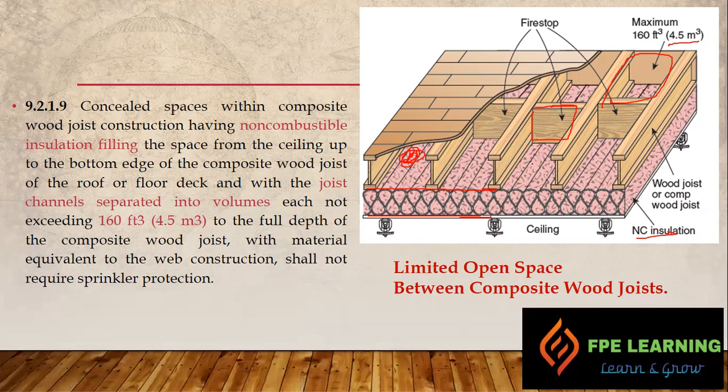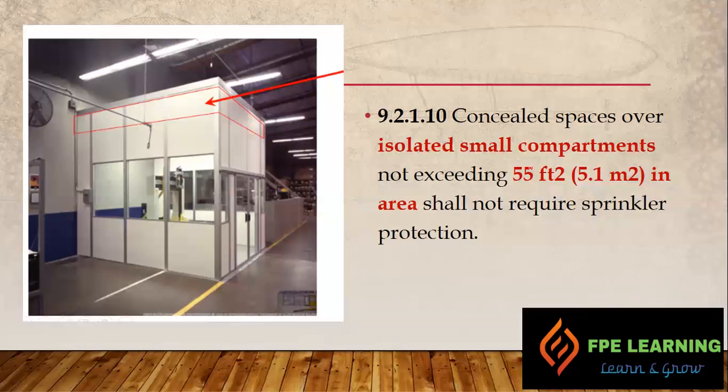So 9.2.1.9 talks about a concealed space with composite wood joist construction: we can fill non-combustible insulation or batt insulation, and then segregate the areas into volumes of 4.5 cubic meters each, provided that the fire cannot propagate from one area to another. That is 9.2.1.9.